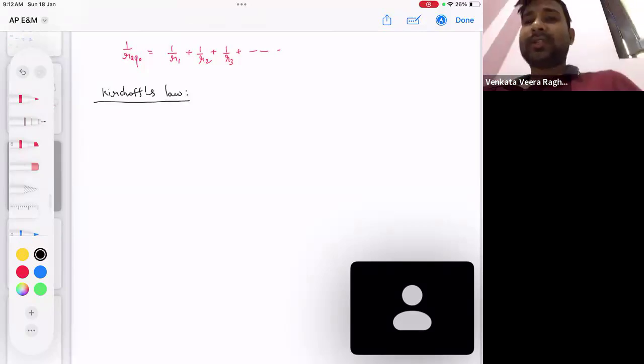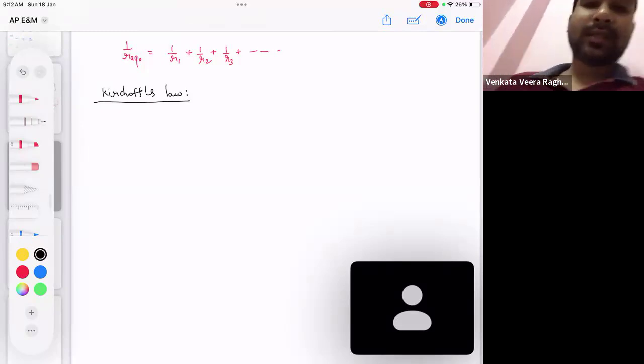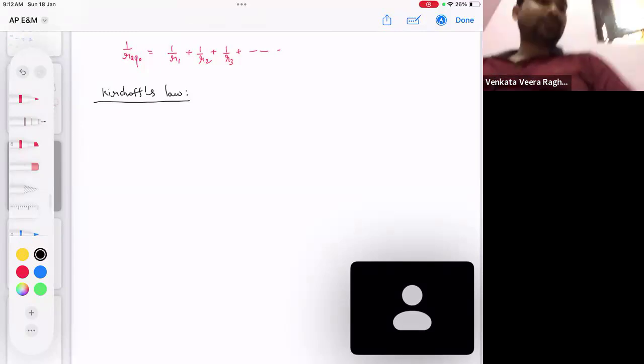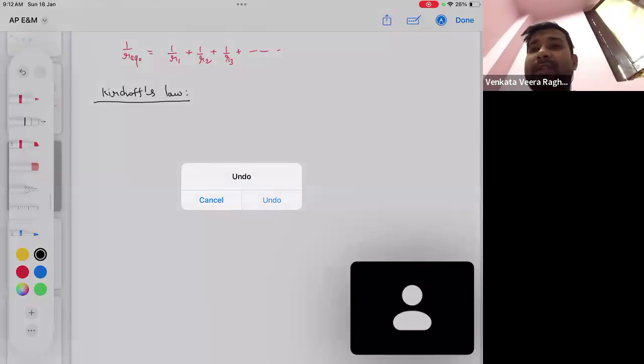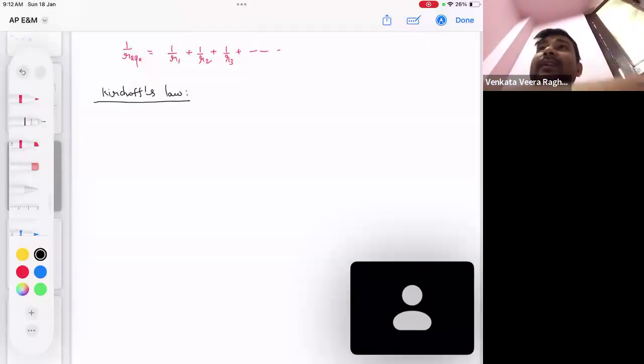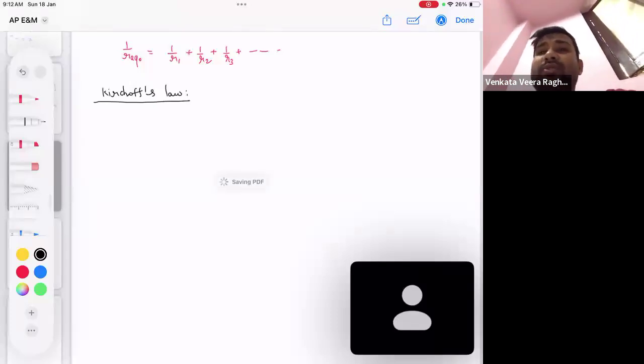One is called Kirchhoff's junction law, or it is also called Kirchhoff's current law. And the second one is called Kirchhoff's voltage law, or Kirchhoff's loop law.